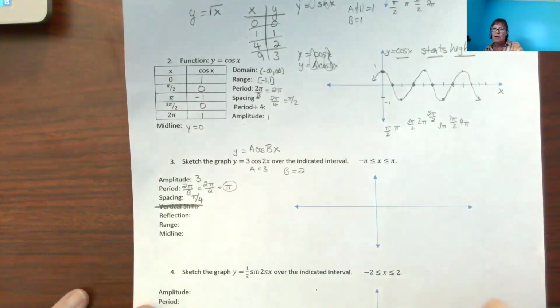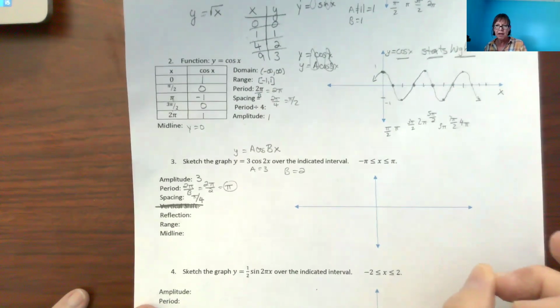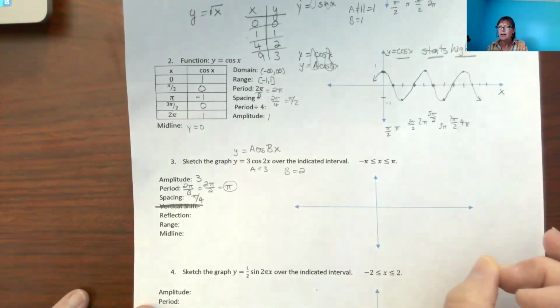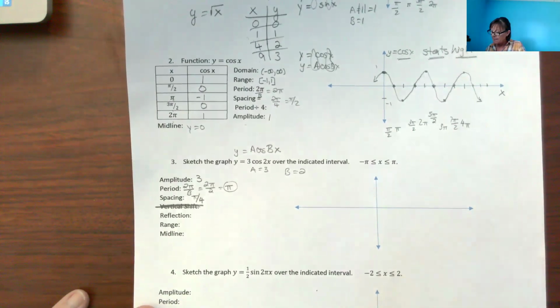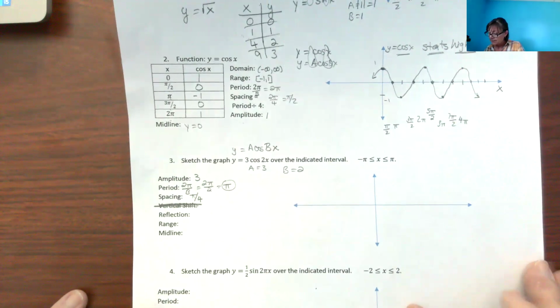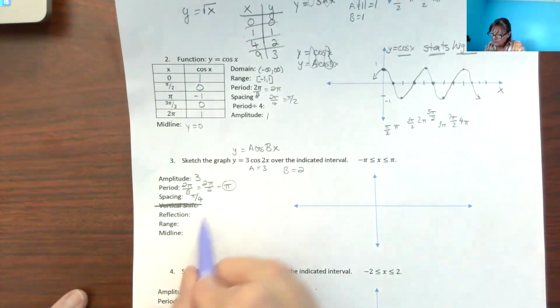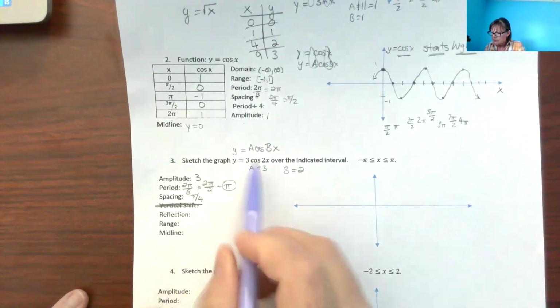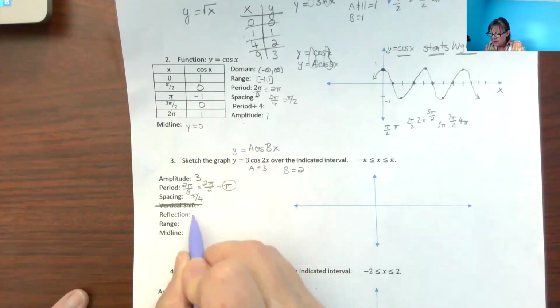When we hand sketch it, we're choosing the scale of everything and it's not perfectly scaled, so it might not look exactly like that. That's okay, because as long as we label it, we'll get the gist. All right. So when it says, is there a reflection? I don't see a negative there, so I'll put none.